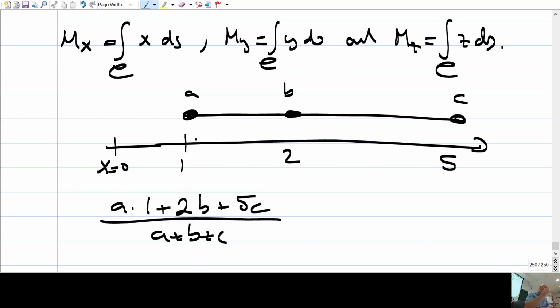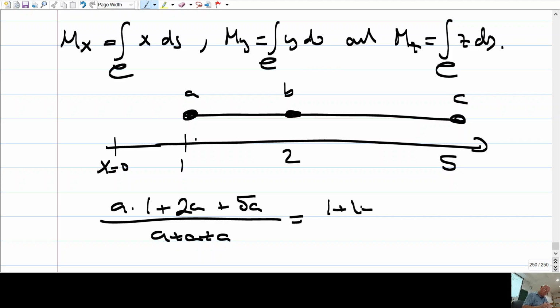Okay, so this is what we are doing here. Assuming if the mass is uniform, then A, B, C are the same. Therefore, A is gone.